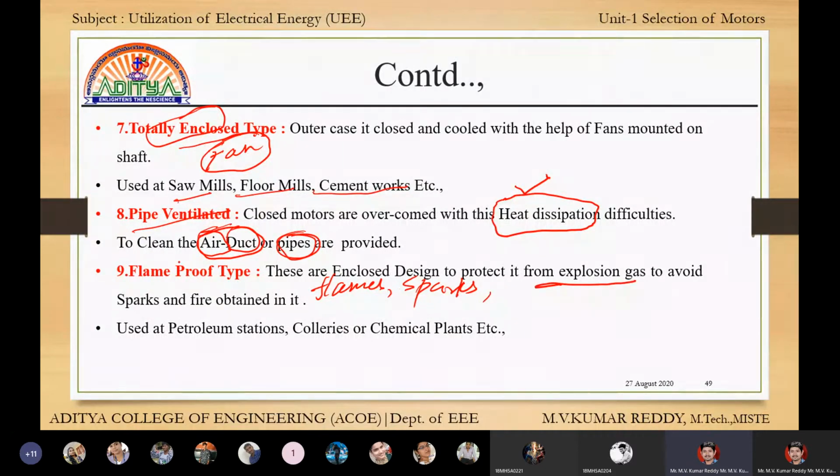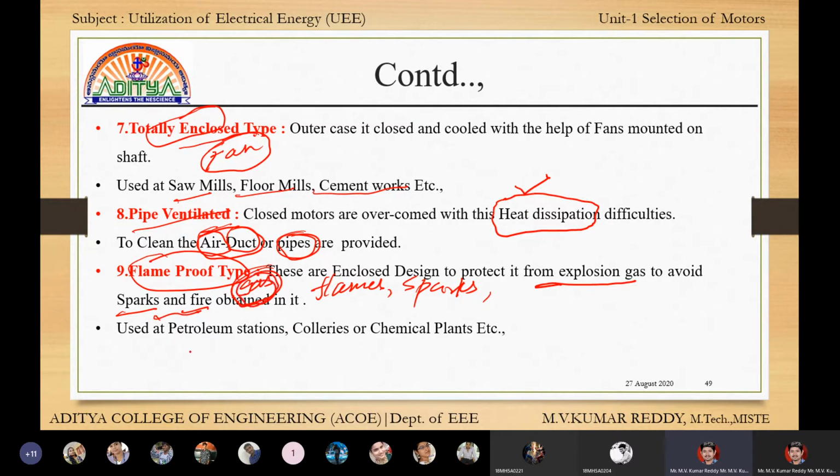That means in this protected type, gases are already built into the motor, which will avoid sparks and fires. Whenever small sparks and small fires occur in the motor, they can be reduced using this special type of gas.